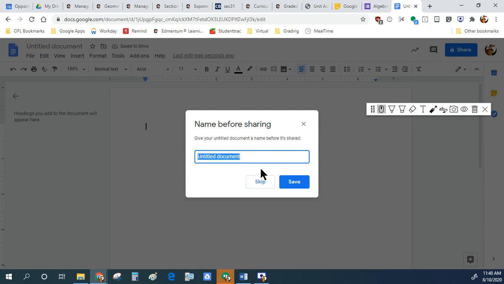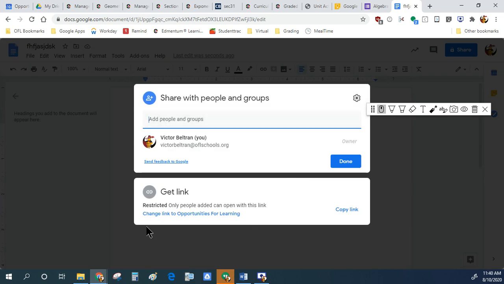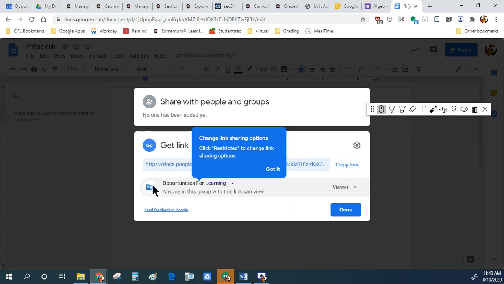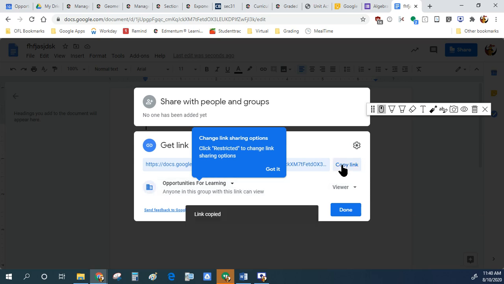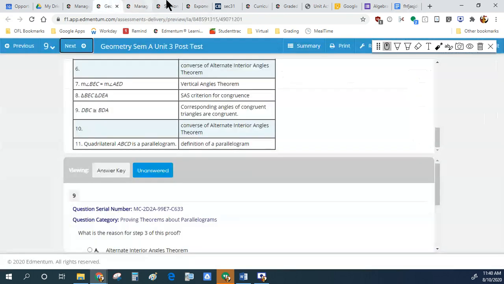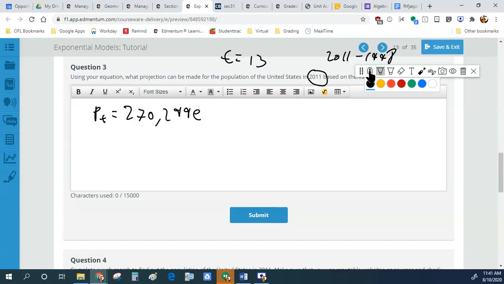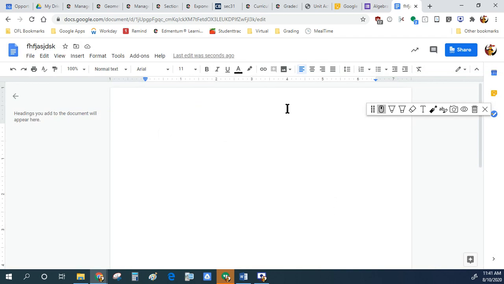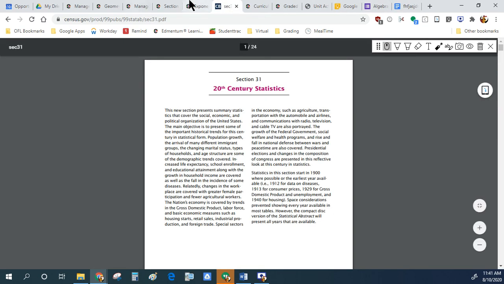Make sure you name your document. When you click share, change it from restricted so that anyone can see it. Now anybody in OFL can see it so long as they have the link. So you're going to copy the link here, and then paste it in here, and anybody can see any of your pictures on that doc. Make sure you're putting your pictures in here. Otherwise, you're going to give me a blank link. Does that make sense?